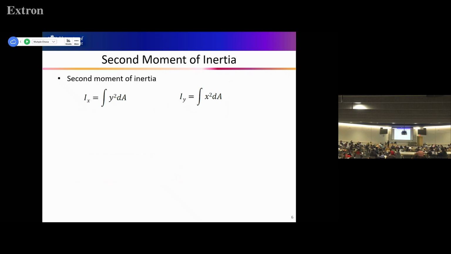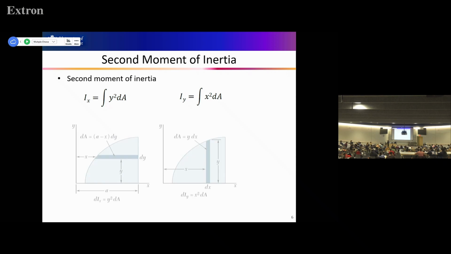Now, how do we calculate the moment of inertia of a smooth shape using integration? This is the equation I showed you, and a smooth shape, something like this, is defined, and we want to find Ix and Iy. It's an infinitesimal procedure, so we cut many sections and then integrate. That is the idea. And how to cut? For Ix, we cut parallel to the x-axis.